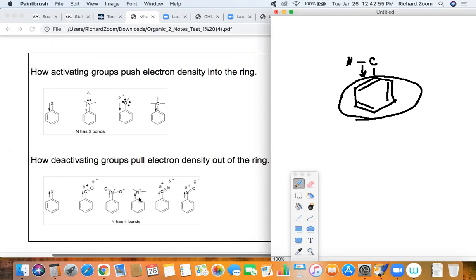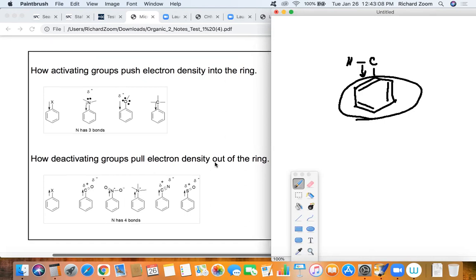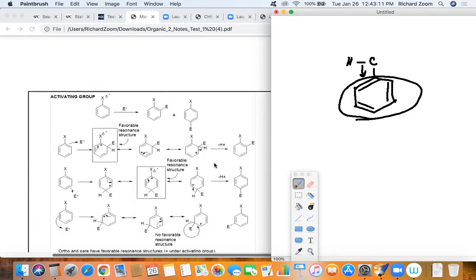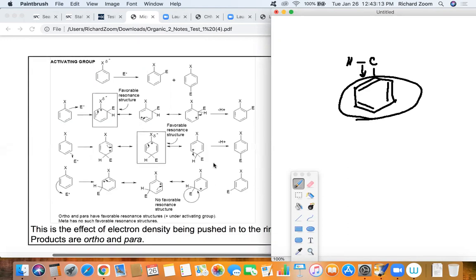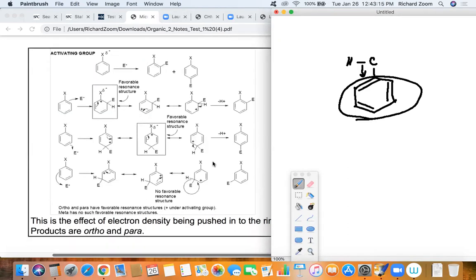Okay, let's look into some of the theory as to how the activating and deactivating groups will influence the kinds of things we have attaching to the aromatic ring. We're focusing here on activating groups.